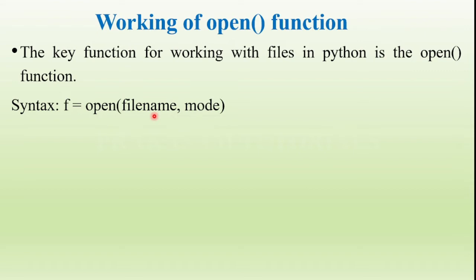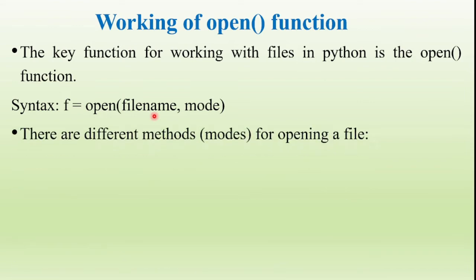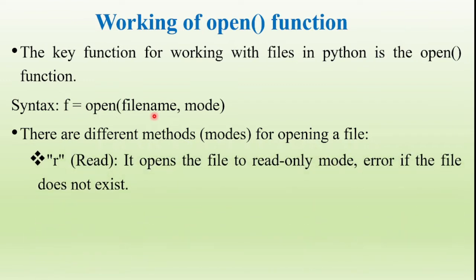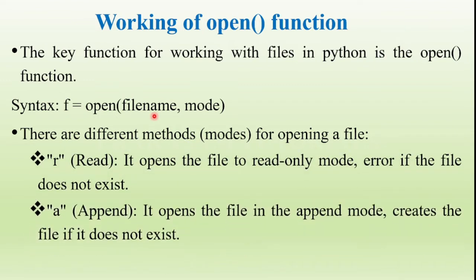In Python, there are different modes for opening a file. The different modes are r mode, a mode, w mode, x mode, r plus mode, w plus mode, and a plus mode. The r mode is the default mode, which means open a file for reading.